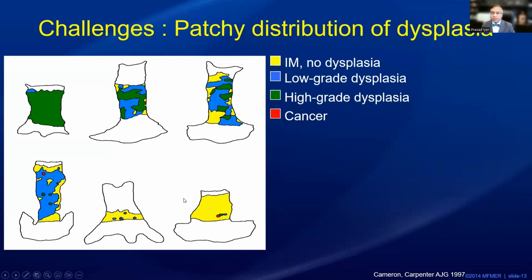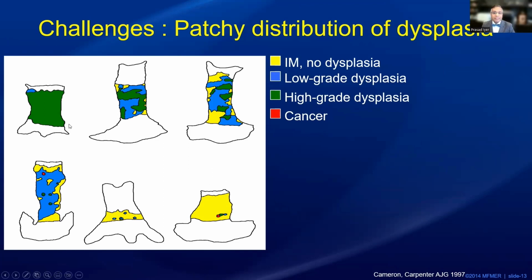This is also linked directly to the patchy distribution of dysplasia in Barrett segments. This was a very painstaking pathology esophagectomy mapping study performed by one of the Mayo Clinic pathologists, who mapped the distribution of no dysplasia, low-grade dysplasia, high-grade dysplasia, and cancer.